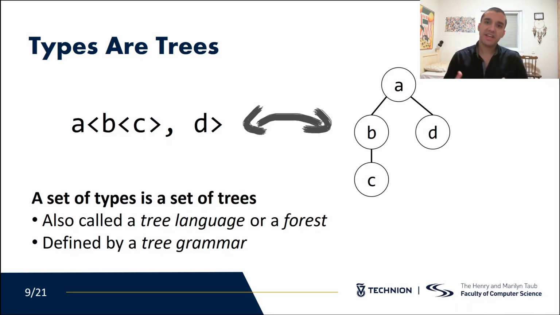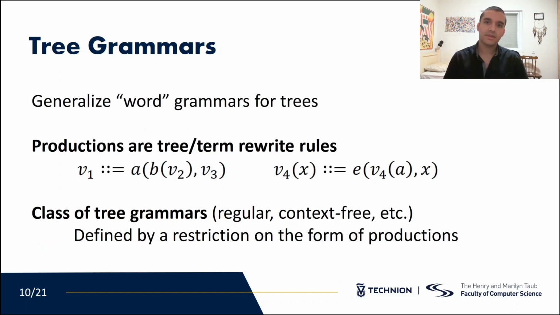If so, then a set of types is also a set of trees, also called a tree language or a forest. Tree languages are formally defined using tree grammars. Tree grammars generalize word grammars like regular expressions and LR grammars for trees.